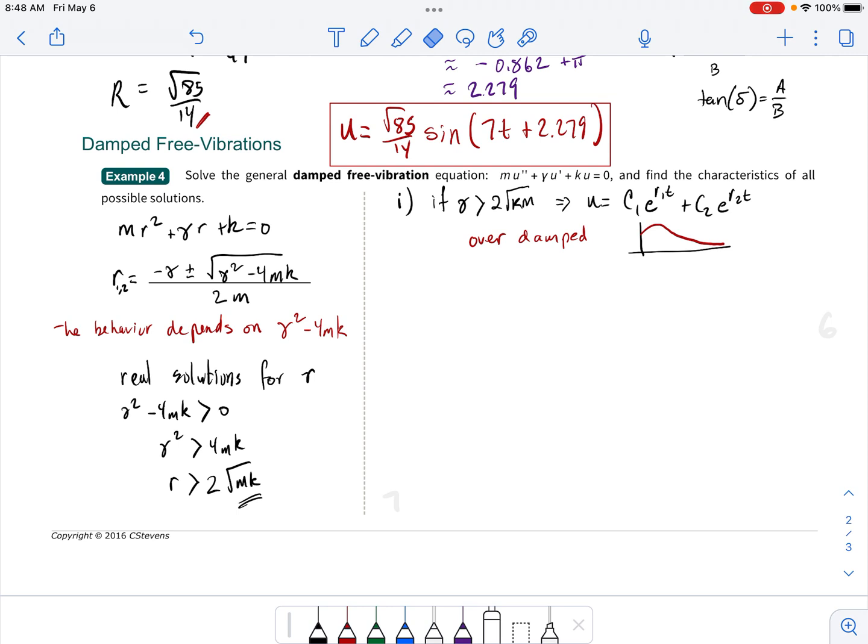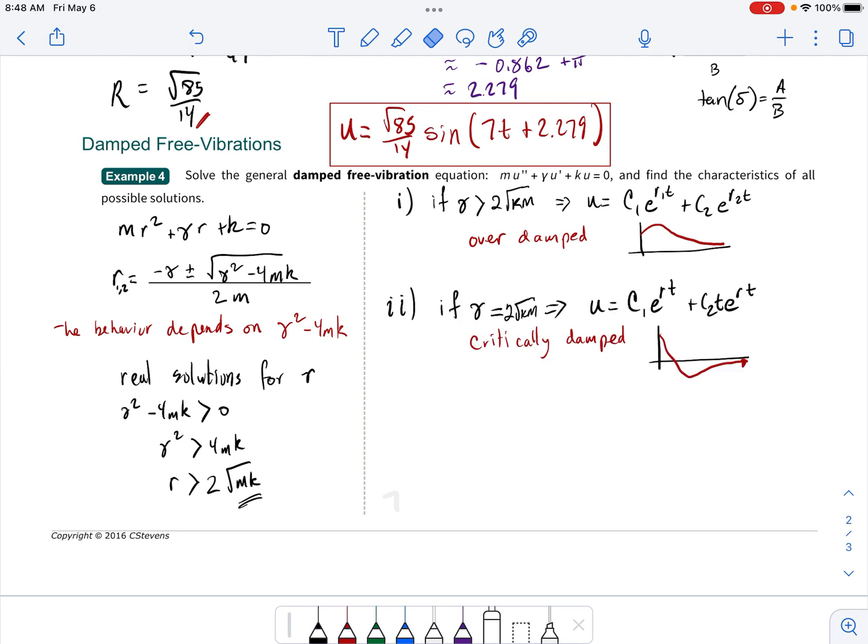Now the second case is if gamma is equal to 2 root mk. When we have repeated roots, we'll get this equation, which is c1 e to the rt, and since the roots are repeated, plus c2 t e to the rt. This is called critically damped.